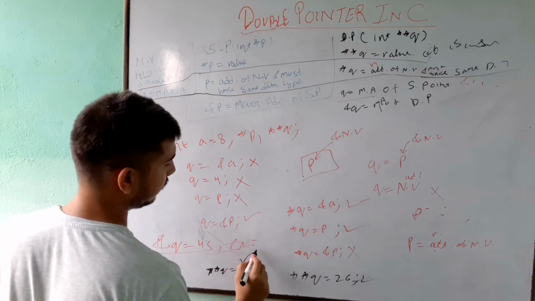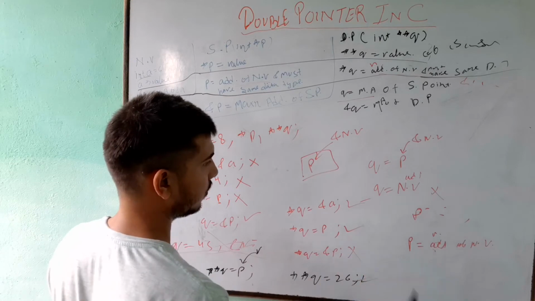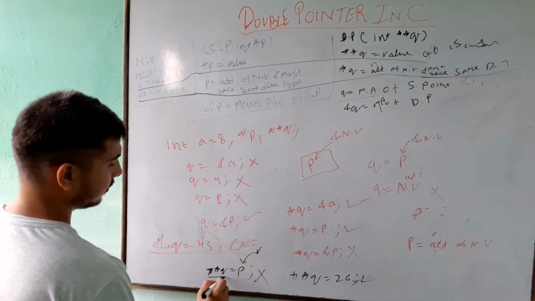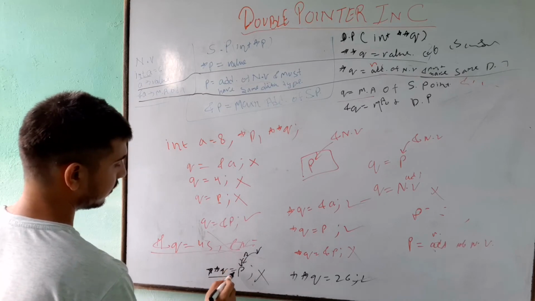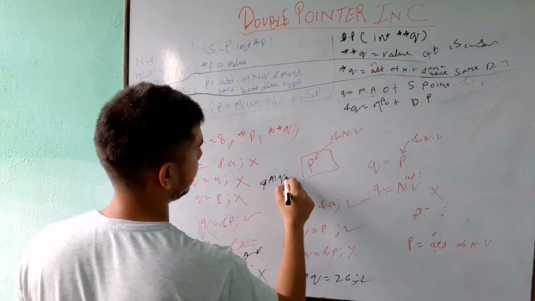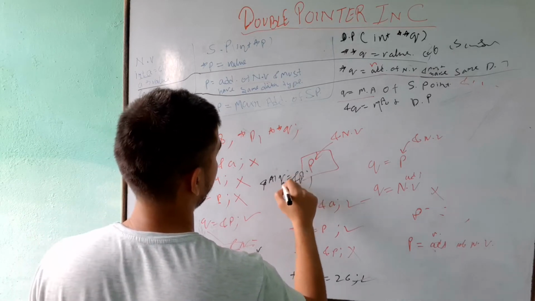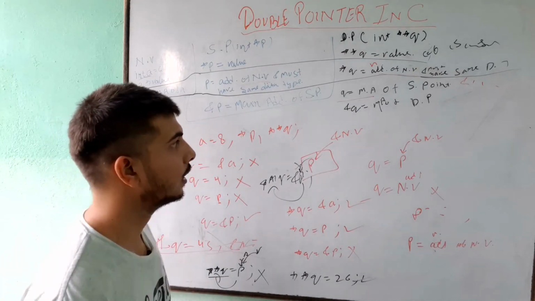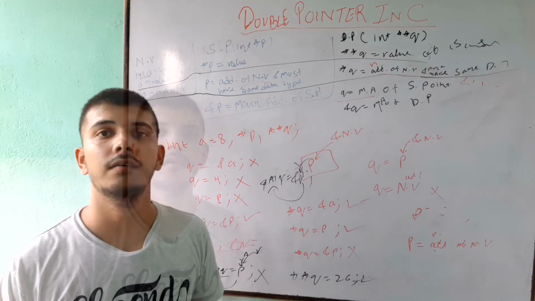P is an address, holding the address of a normal variable, so it will give me an error because I am trying to assign an address to something that can only hold a value. If I am asking *Q equal to &P, error, because an address cannot be assigned to a value.